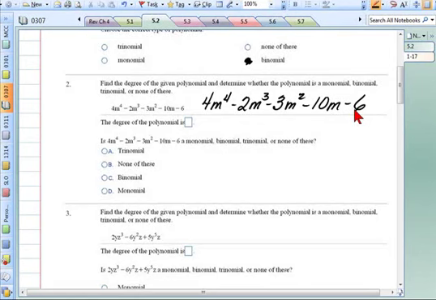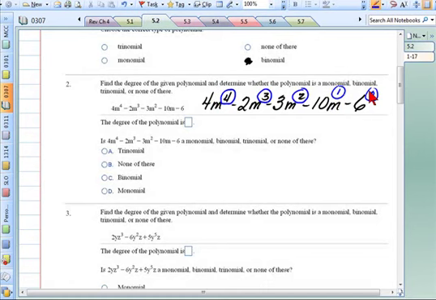All right. If I'm going to determine the degree of this polynomial, then I need to look at the degrees of the individual terms. The first one is degree 4, then 3, then 2, then 1, and 0.